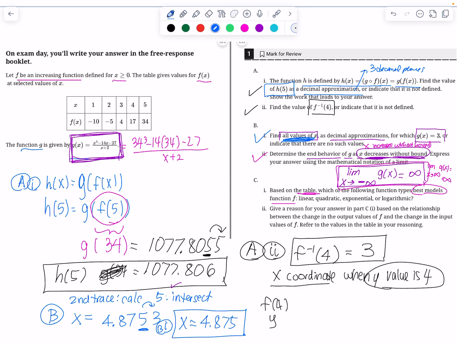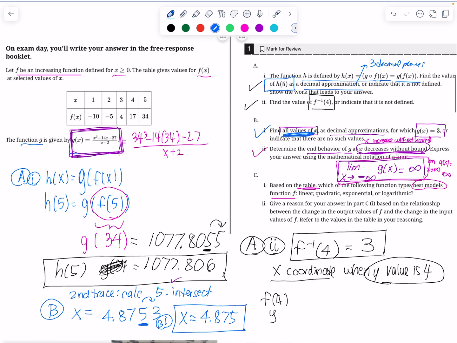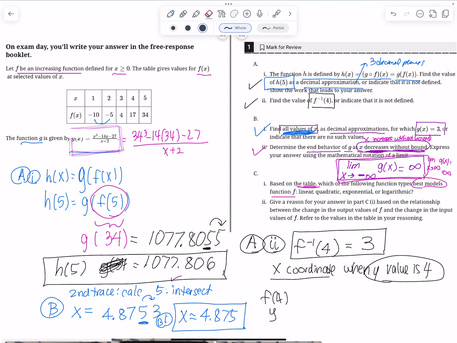Okay, so when I'm talking about first difference, I want to know how do we change from negative 10 to negative 5? And well, that's a plus 5.